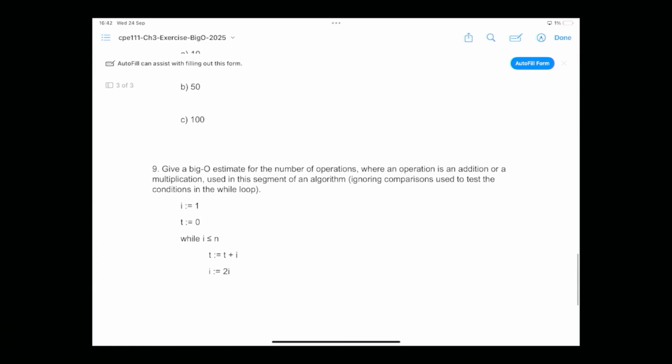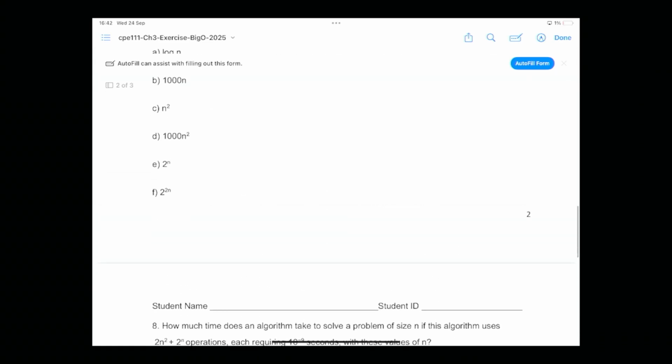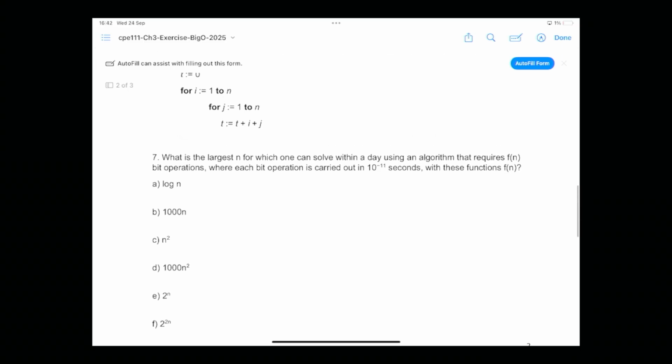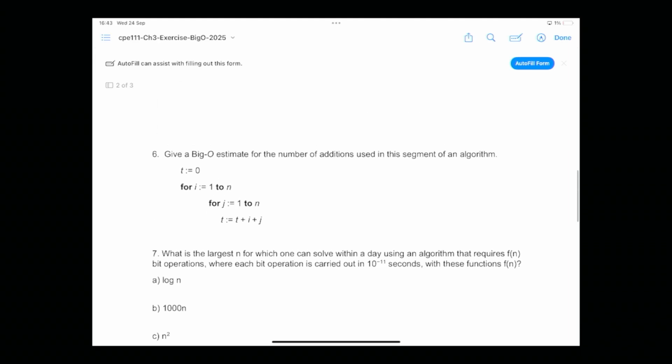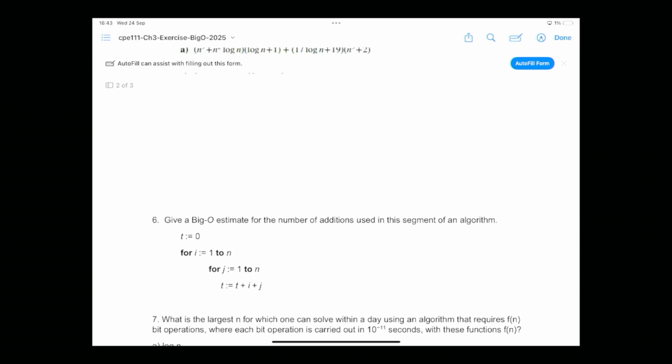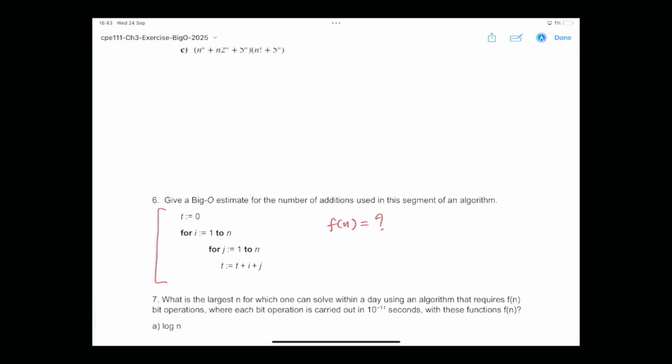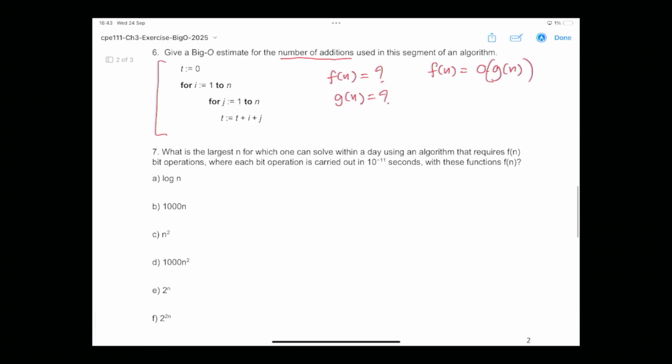The last few problems are about what we just discussed: complexity in problem solving, the algorithm. We see some pseudocode here, for loop, while loop. Find out first the number of additions, f(n), and then find out the g(n). That's problem number 6.